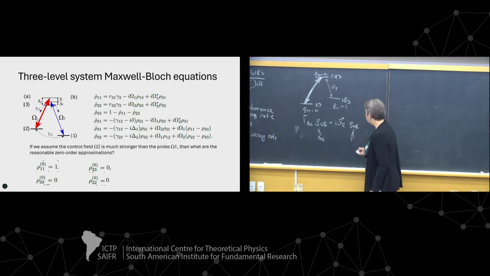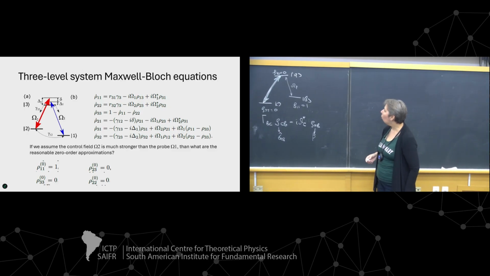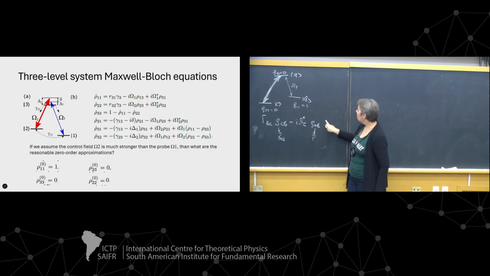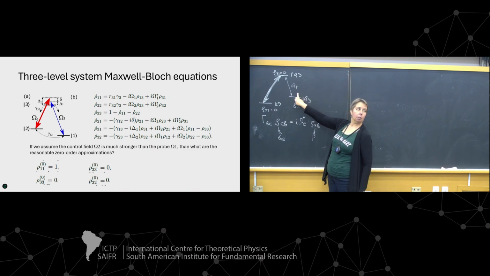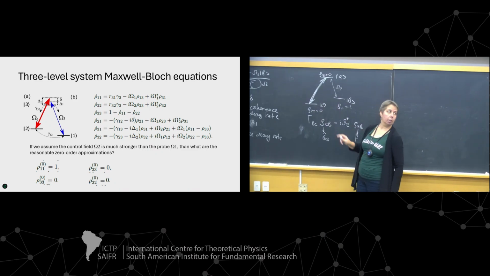So this will basically be the polarization of the optical field. What this equation really tells you is that we can have a connection between the quantum properties of the optical field on the probe transition and the quantum properties of the spin wave in the atoms.